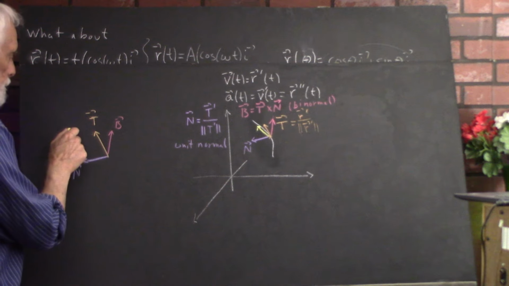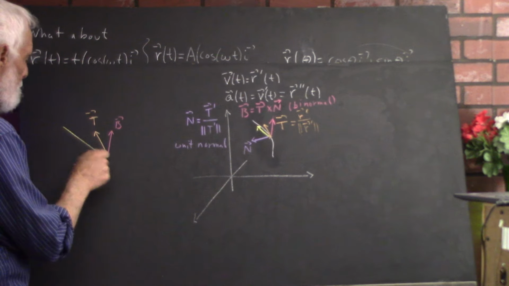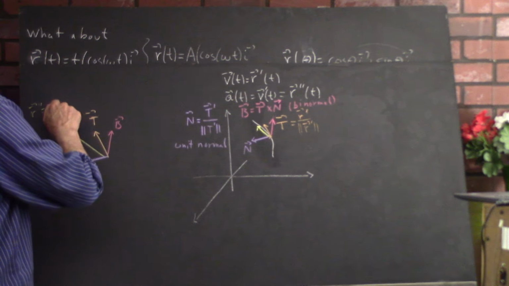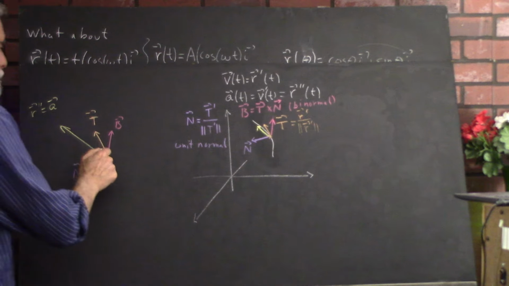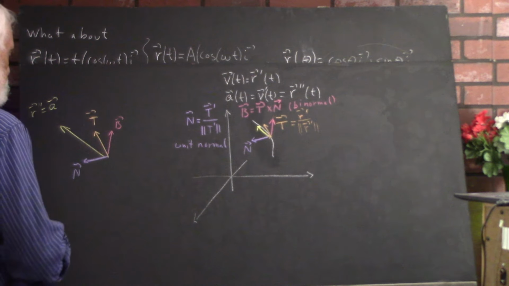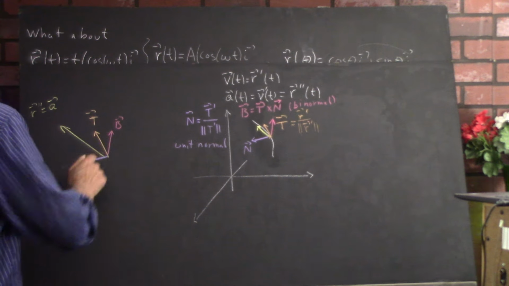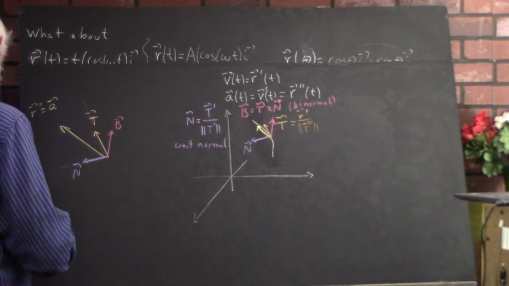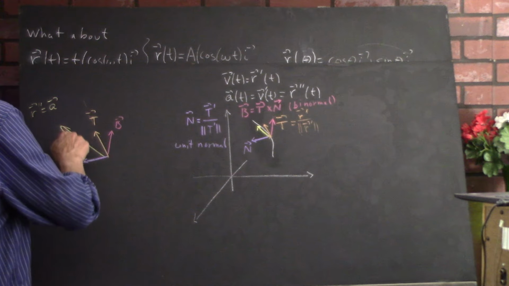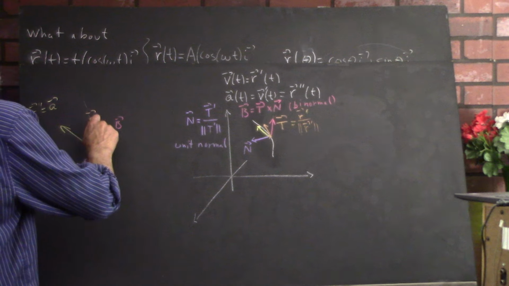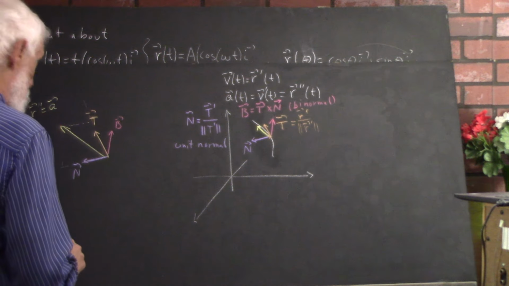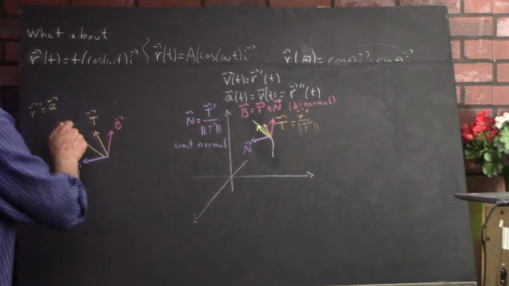So let's just say our acceleration vector is like so, at this point. That acceleration vector projects onto the direction of the unit normal and the unit tangent. So whatever the direction your projection lines are, you might have this and you might have this. You now have components of the acceleration vector.